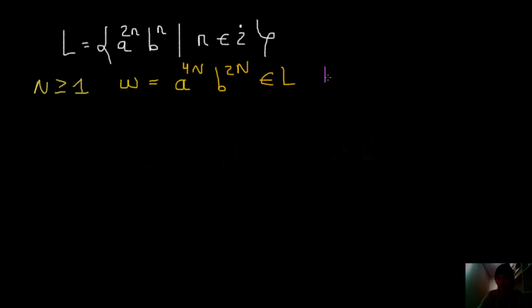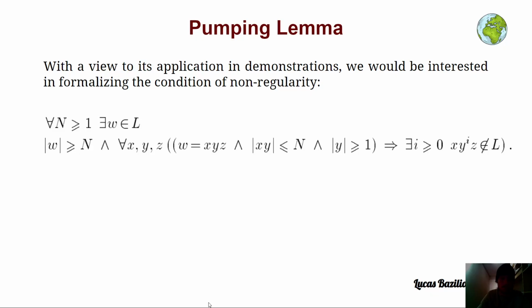And then also the length of this word w is 4n plus 2n. This gives us a value of 6 times n that is also greater or equal to n. This is true, right? So this first criterion, that the length of this word is greater or equal to n, is satisfied as well.